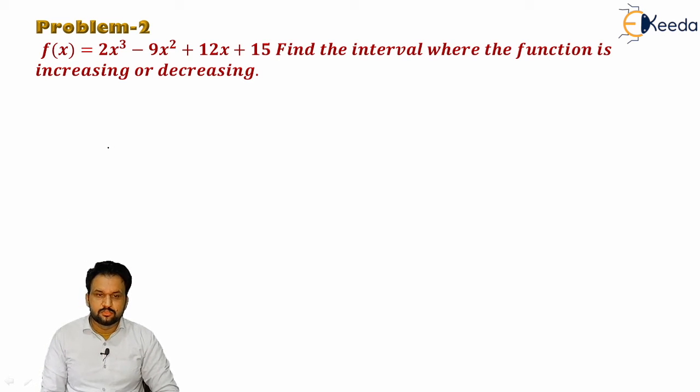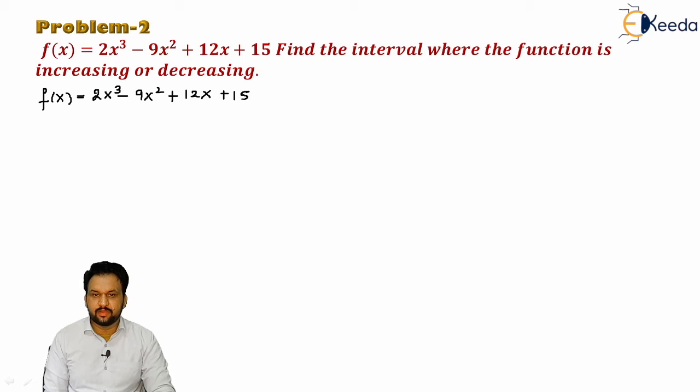Let's see, my dear friends. First of all, you need to find the derivative of the function. Here the function given is 2x cube minus 9x square plus 12x plus 15.